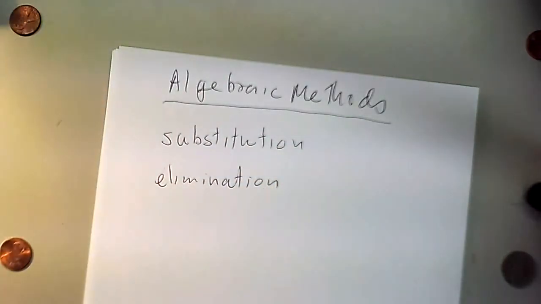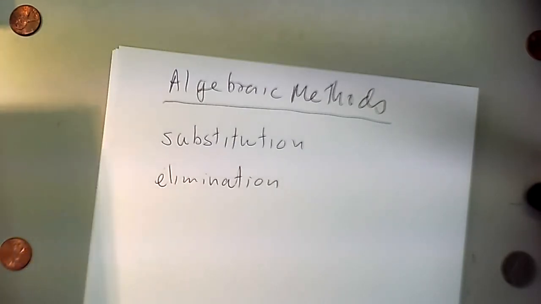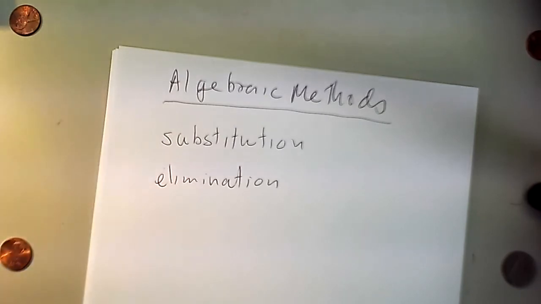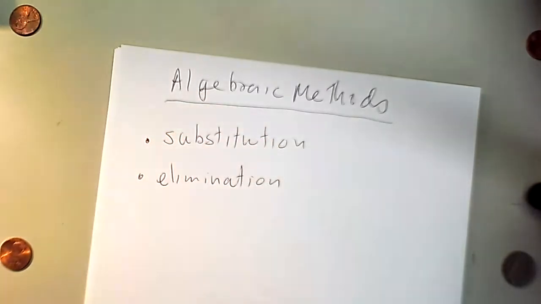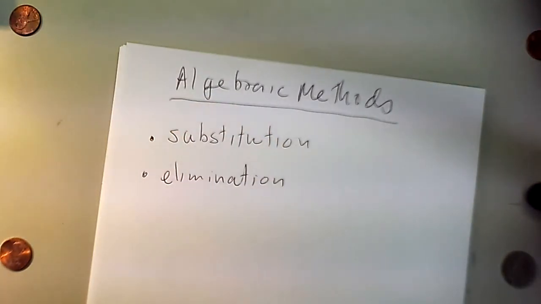And actually, there are more than those two methods. There is what is called Cramer's rule, but we're not going to see that. Those are the only two methods we're going to see in this video. There are more methods, such as Cramer's rule, and then there are matrices. So there are a few different methods.